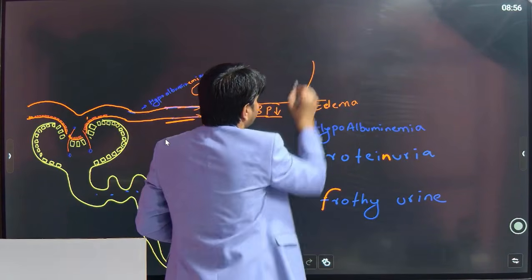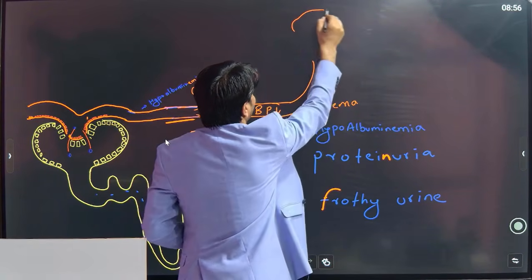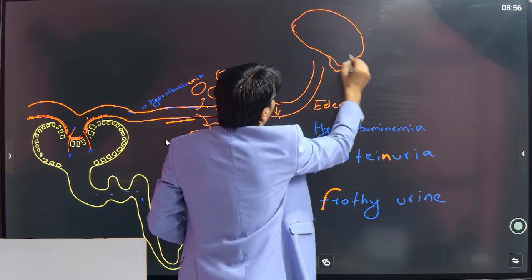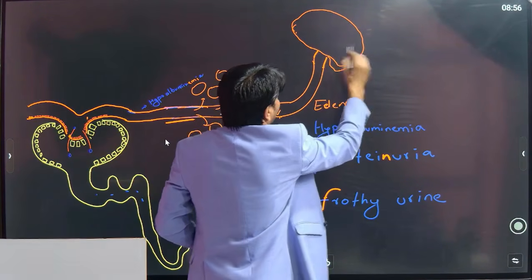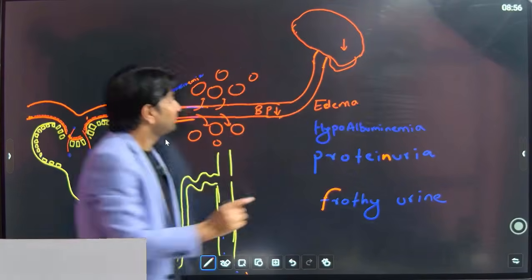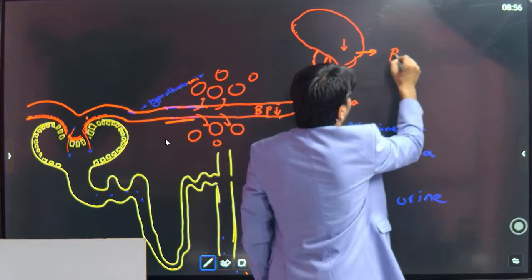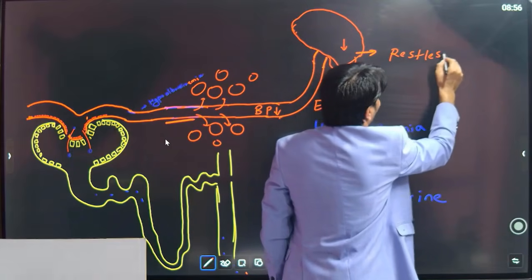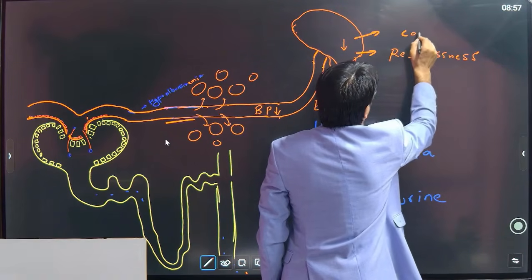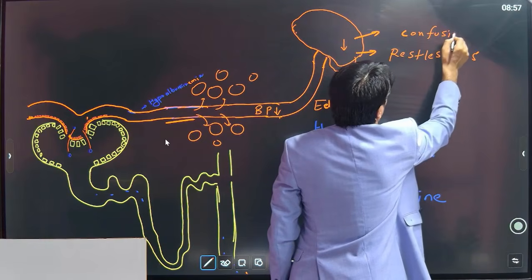And if this blood pressure has dropped, then this blood will go to the brain. And if the pressure in the blood is low, then because of that low pressure, cerebral perfusion will also decrease. And if cerebral perfusion decreases, the patient might experience restlessness, or might start feeling confused.